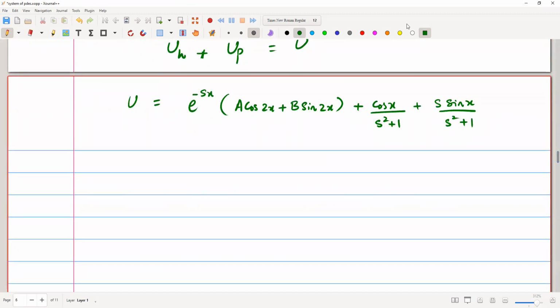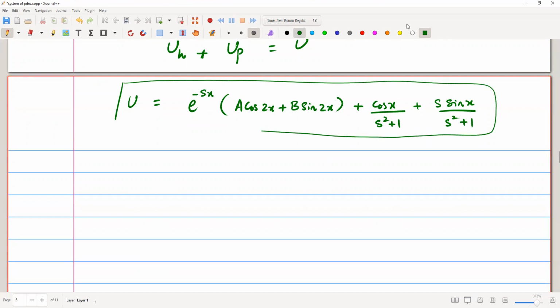So this is the solution for ū, but since it's a function of x and s, and what we need is a function of x and t, we need to apply the inverse transform.